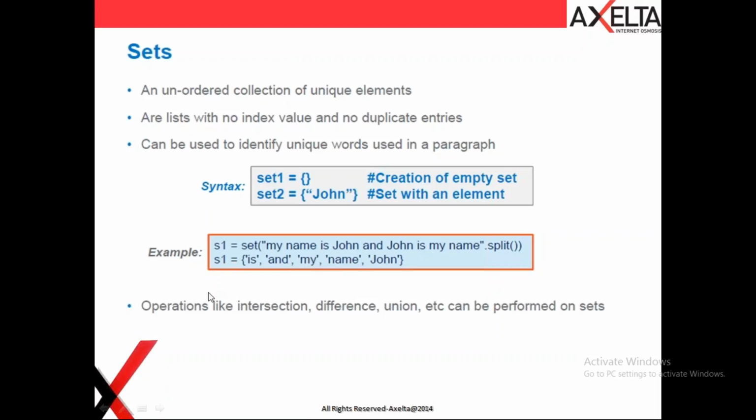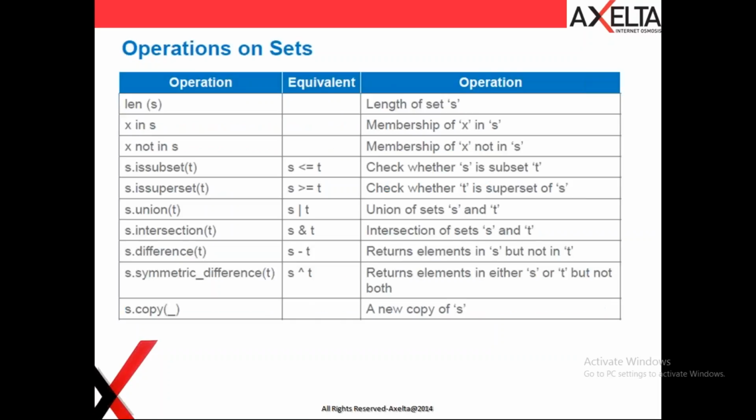The operations like intersection, difference, union can only be performed on sets. You can find the difference, you can find the union, you can club them together, you can intersect them. These things can only be performed with sets, and these are some of the set operations. You can get the length of a set.